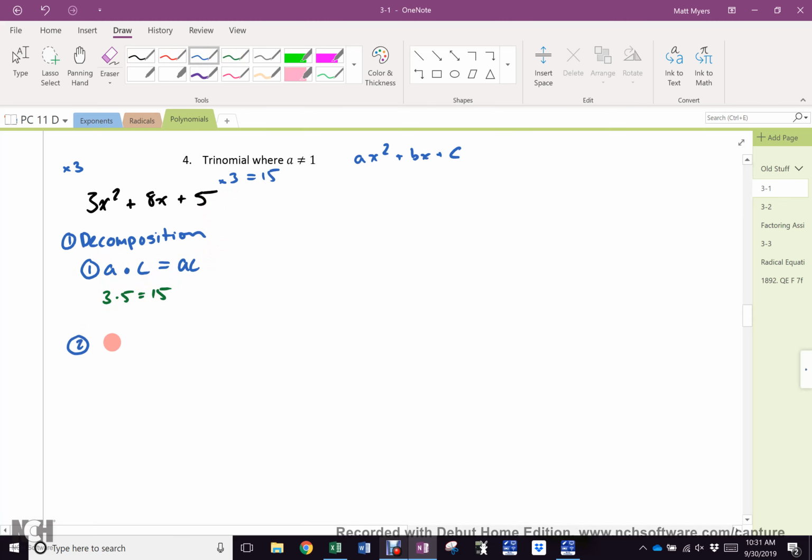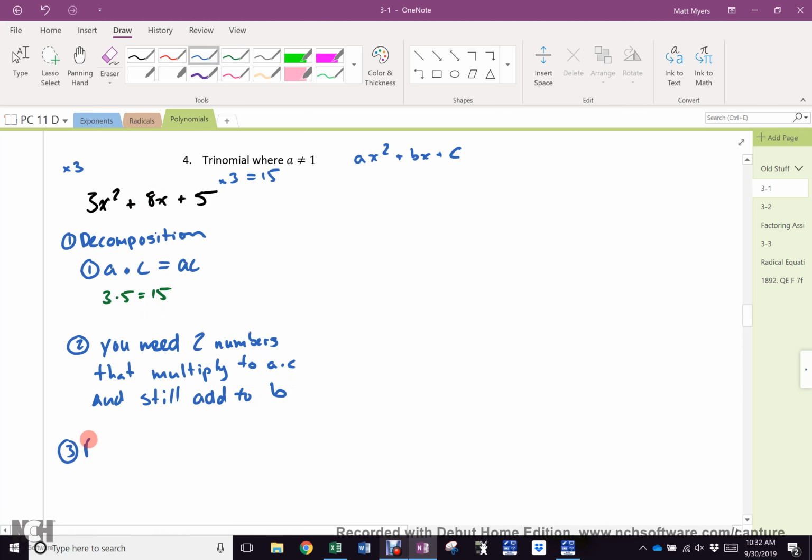Step 2, just like the last one, you need 2 numbers that multiply to A times C and still add to B. So, what are the numbers that multiply to 15 and add to 8? 5 and 3. I did this on purpose because you would see it right away.